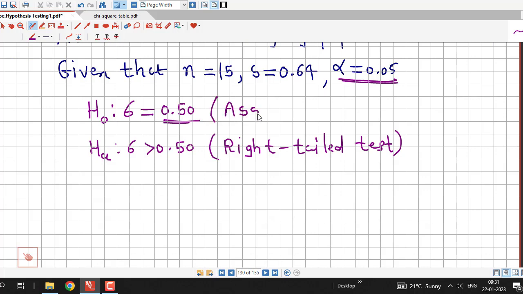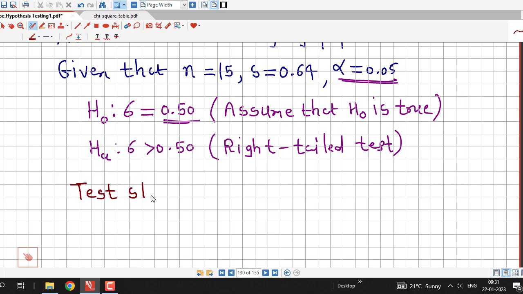So we assume that null hypothesis is true and we are testing this null hypothesis. Assume that H naught is true, alpha is 0.05, and now we can find out value of test statistic.